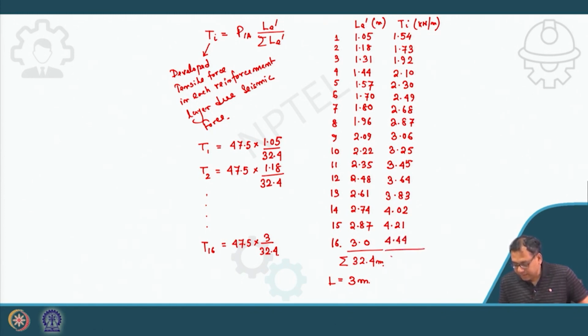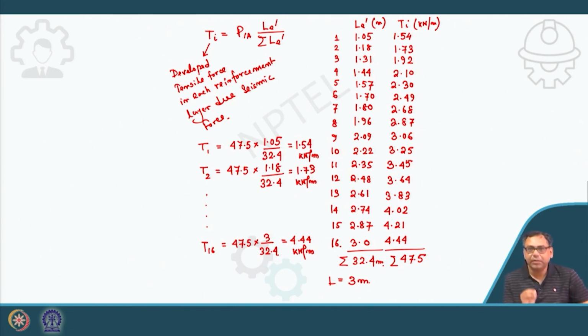So if I add them, it must be 47.5. So that means here it is 1.54 kilonewton per meter. This is 1.73 kilonewton per meter. This is 4.44 kilonewton per meter.